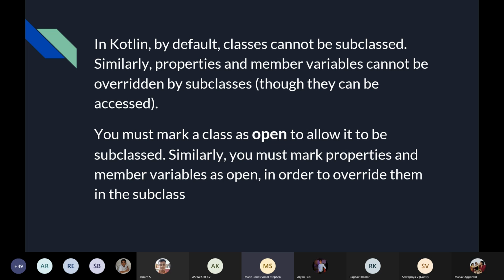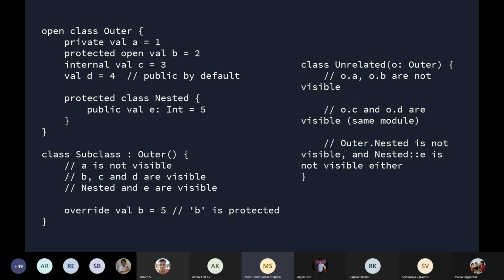In Kotlin, by default, classes cannot be subclassed. Going back to this example, the class subclass colon outer is there, right? It is not possible to do this by default. What you need to do is, in this class outer, you can see the keyword open, right?